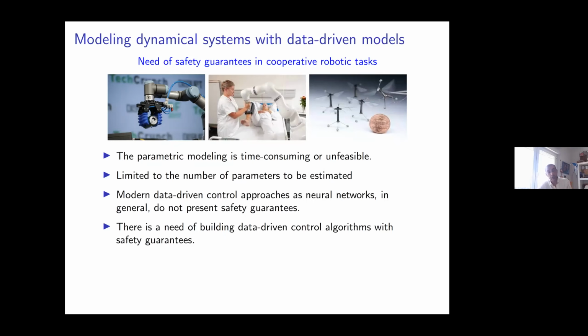The problem with neural networks is that you cannot give safety guarantees for the system. We cannot give convergence results, for instance, to control the system in an asymptotically stable sense. And then there is a real technological need to build data-driven control algorithms with safety guarantees.